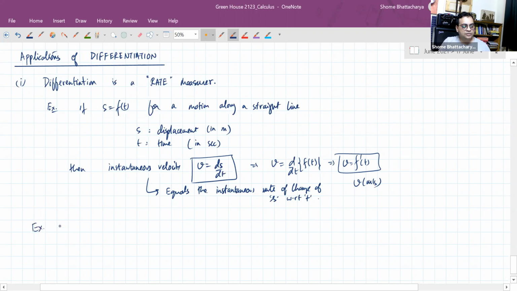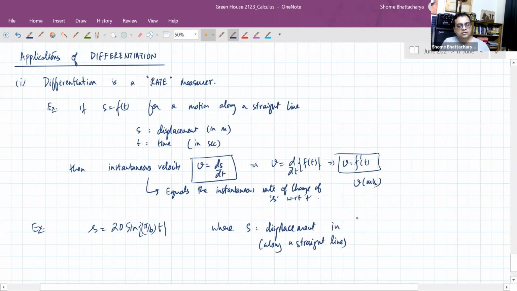So for example, even if we have something more complicated than we are used to, suppose we have s equal to 20 sine pi by 6 t, where s is displacement along a straight line in meters and t is time in seconds.